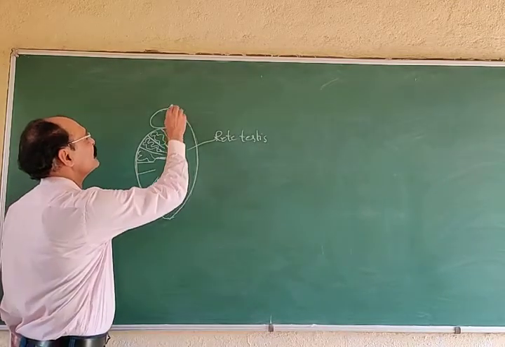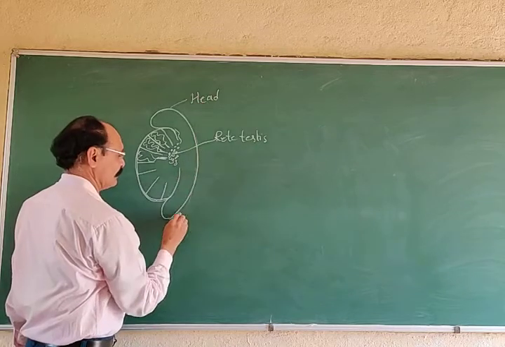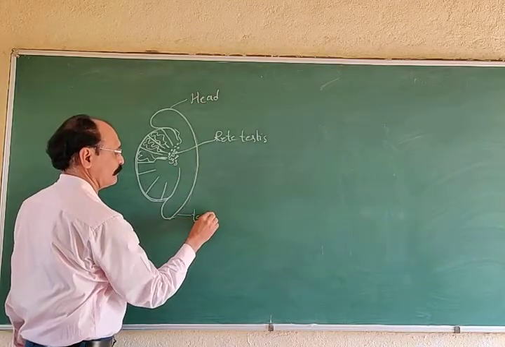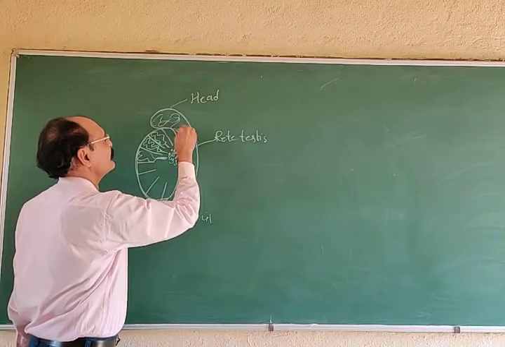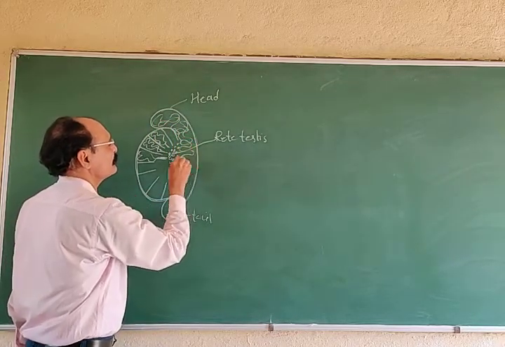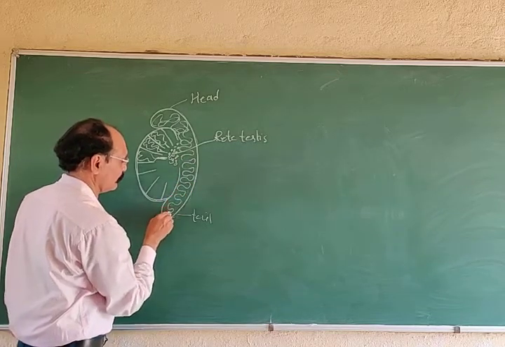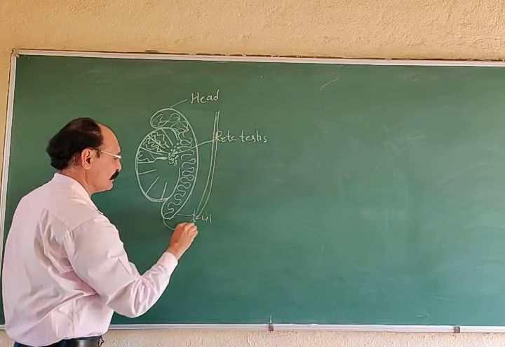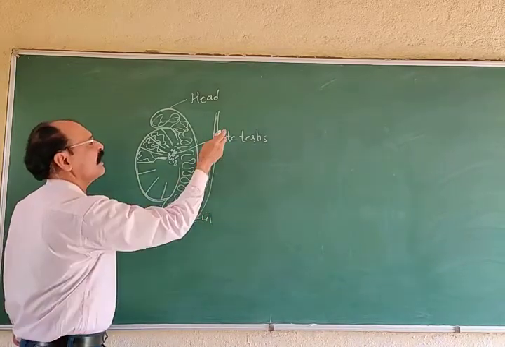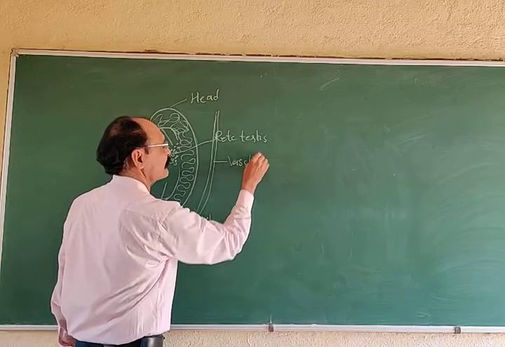This epididymis has a head and a tail. In the epididymis there is a convoluted structure through which the sperms travel, and it comes outside as a tube, the vas deferens.